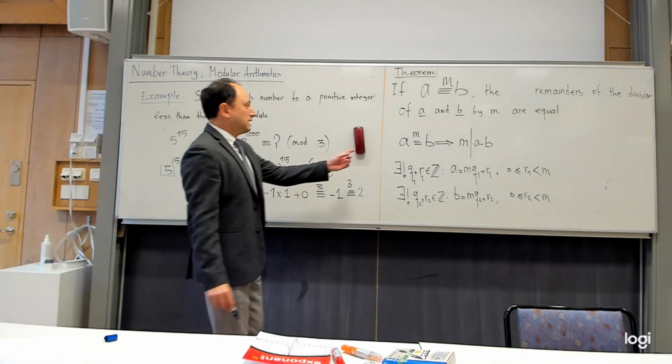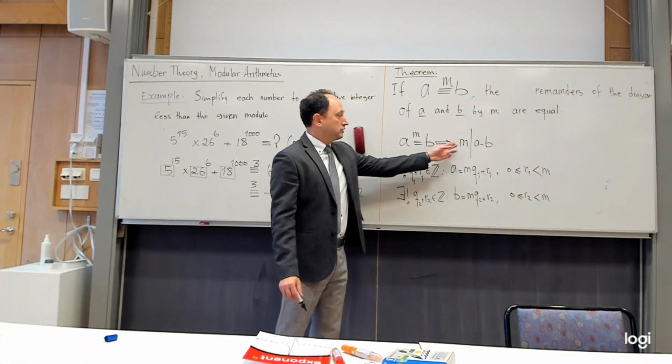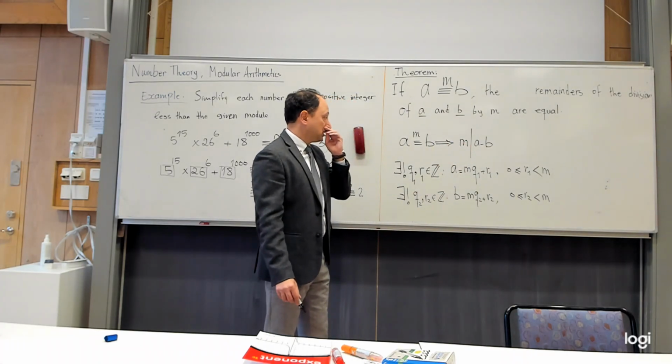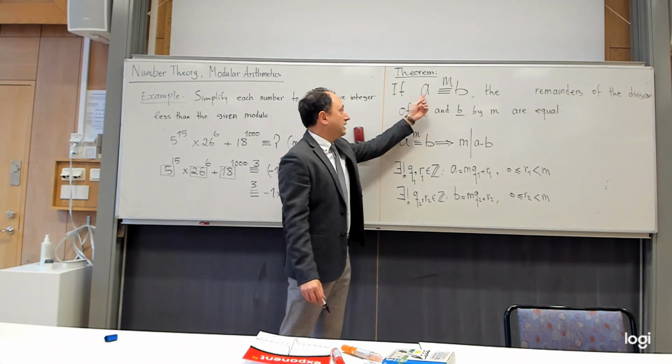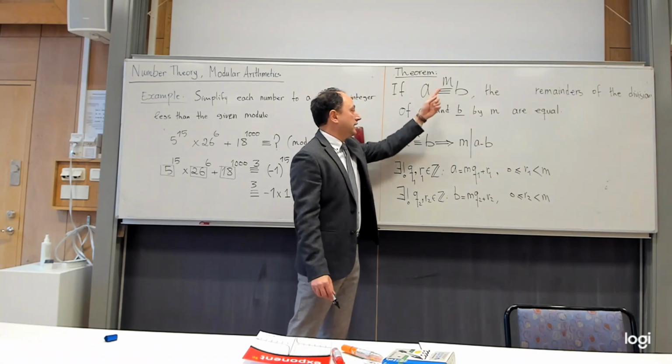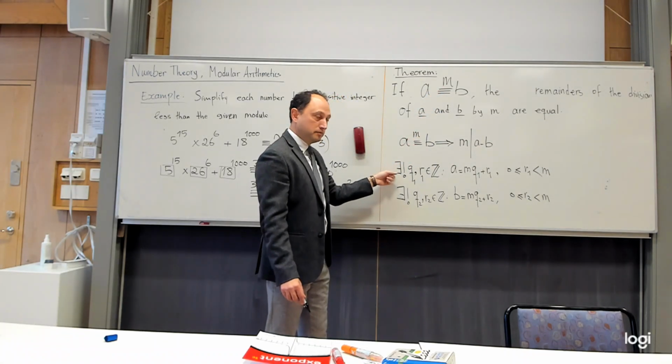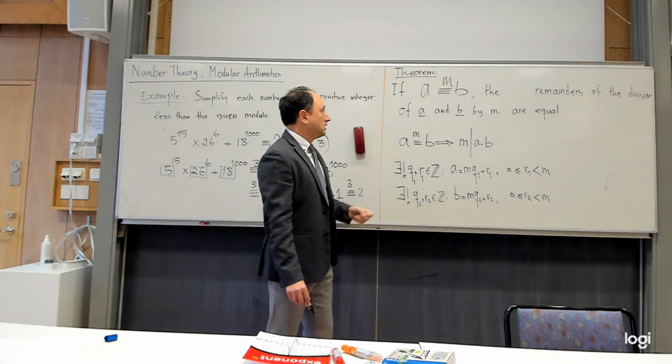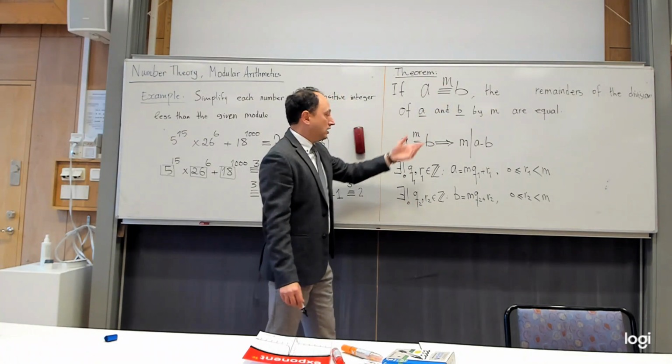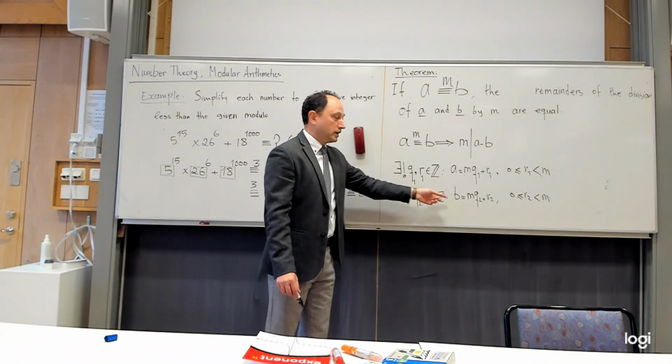So you told me that this is true. I concluded this is true by definition. And then you told me that I have a number A and a number M. I use the division algorithm to write this. You gave me B and M. Again, I use the division algorithm to write this.